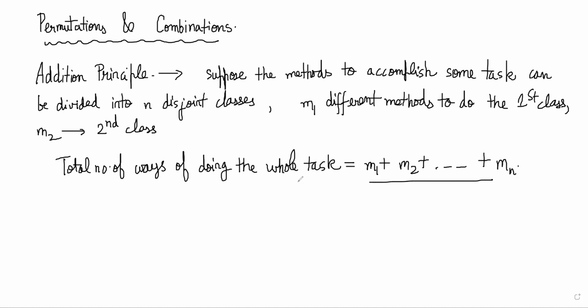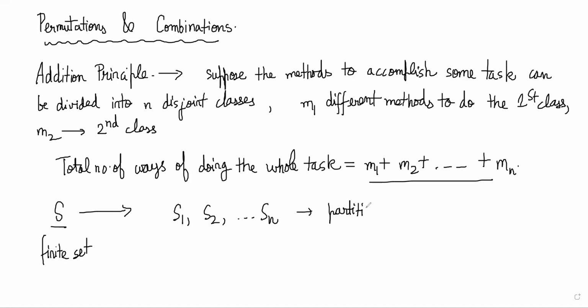So what does this mean? It means that if you have a set S, it's a finite set, and you want to count the number of elements in this set, and if you know that the set can be broken down into S1, S2, and Sn, which is a partition of S. What is a partition?